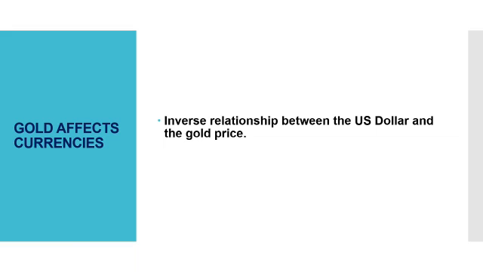This ultimately causes demand to fall, which is why there is generally an inverse relationship between the US dollar and the gold price. Additionally, when the dollar starts to lose its value, investors look to gold as a safe haven alternative, and this helps to push its price up.